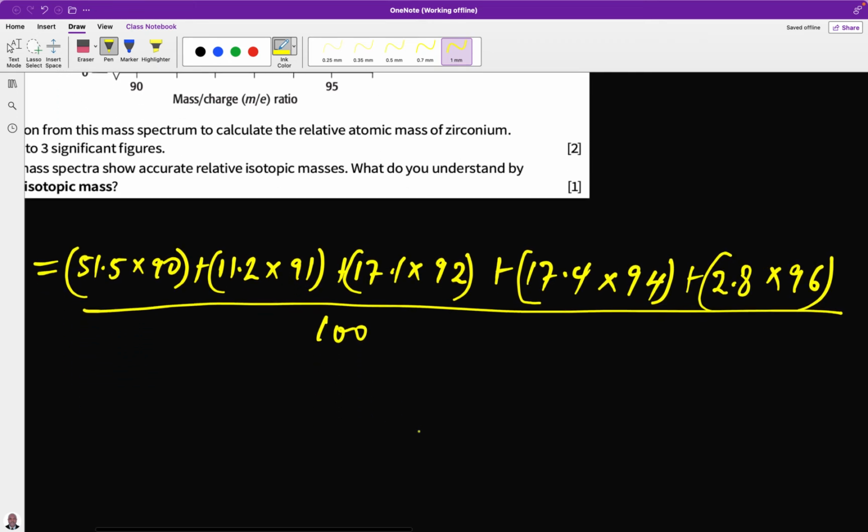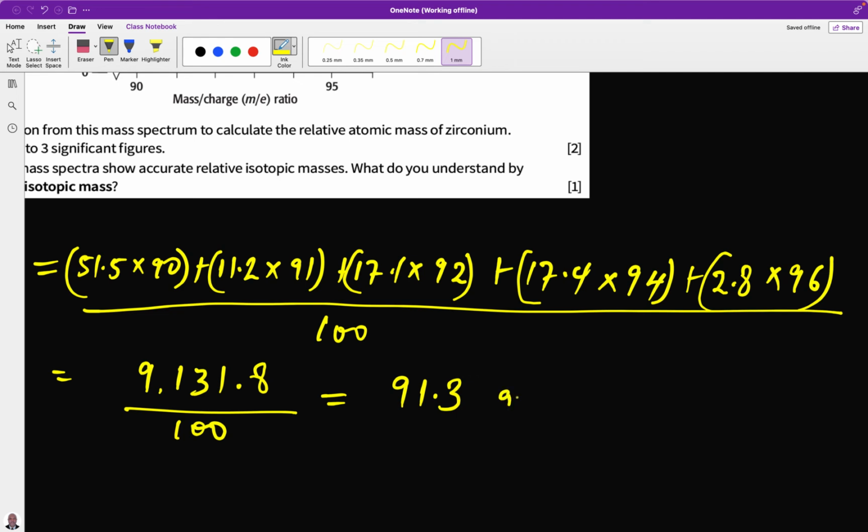If we divide, the sum is 9131.8. 9131.8 divided by 100 gives 91.3 atomic mass units.